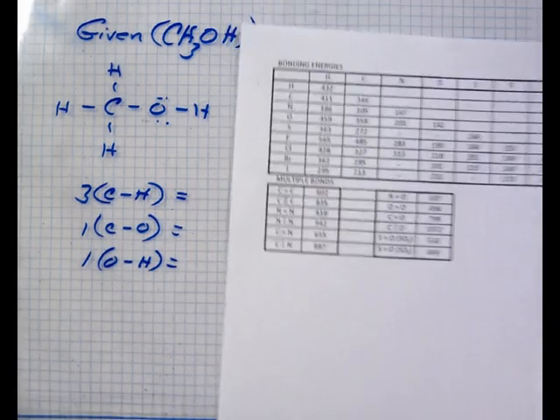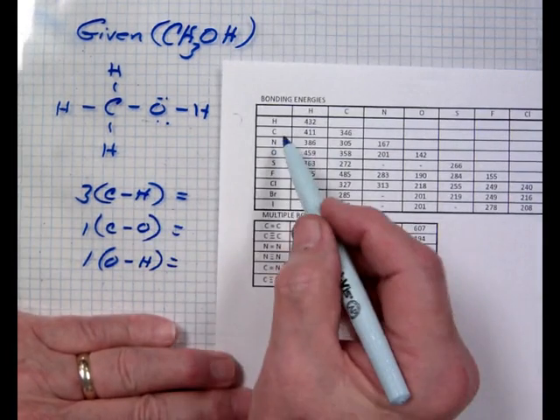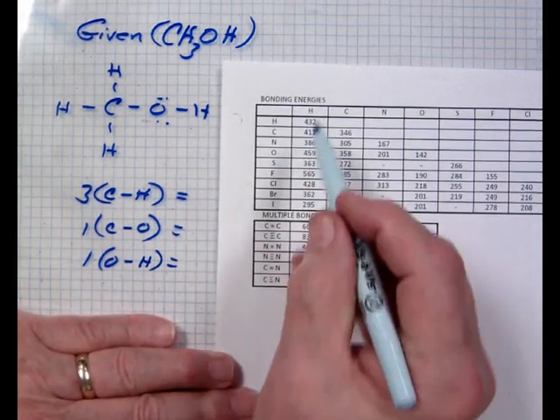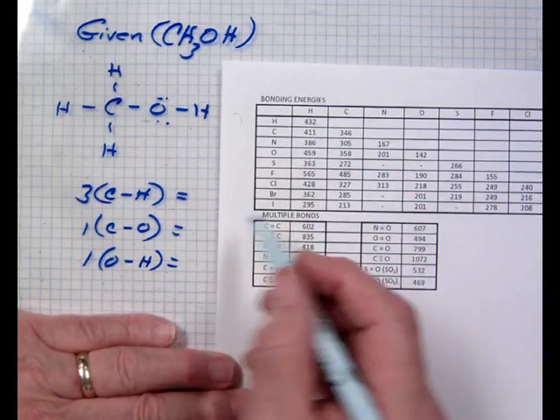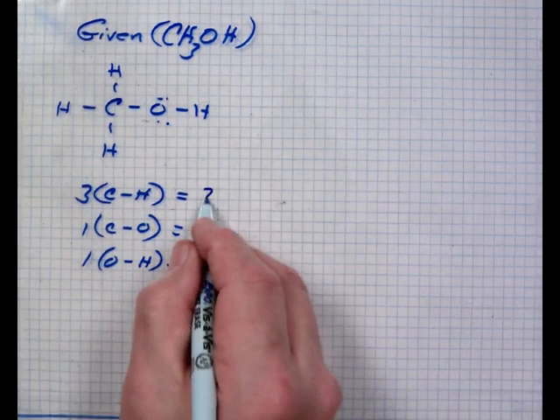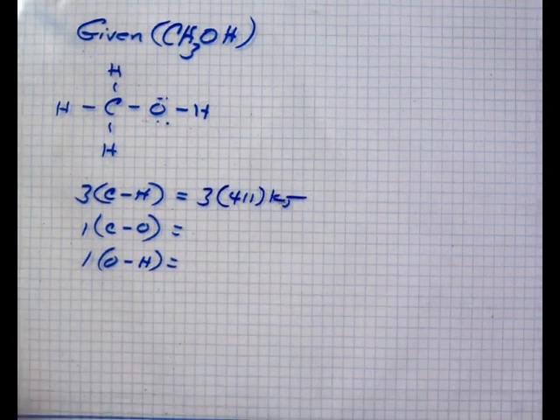So what you do is you go in here and you look up the carbon-hydrogen bond, 411. Well, we figured 416 in our little flow chart, but thermodynamic tables are small changes. So each one is 411, so I want 3 times 411 kilojoules.